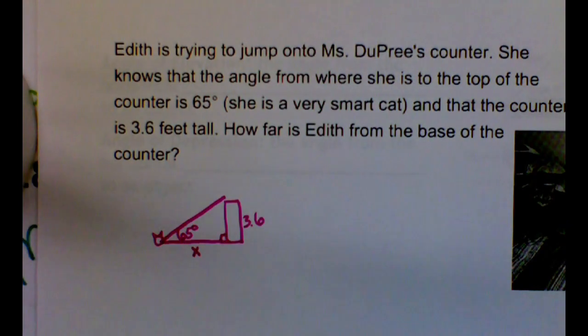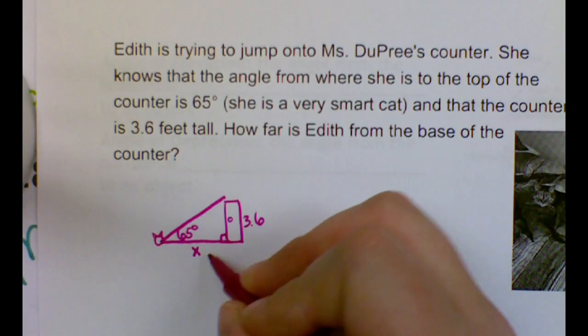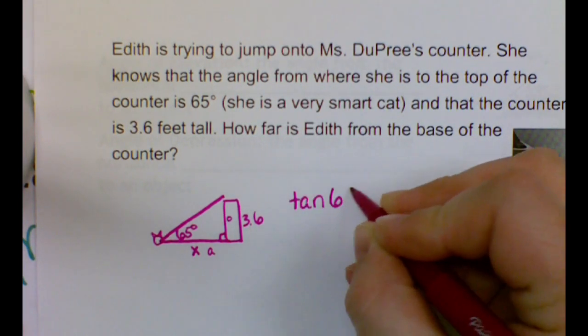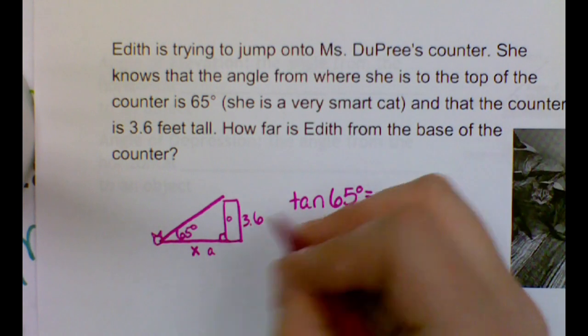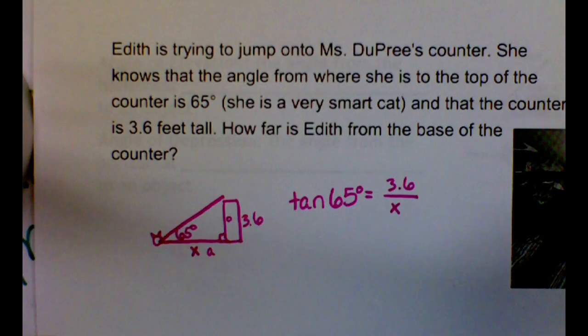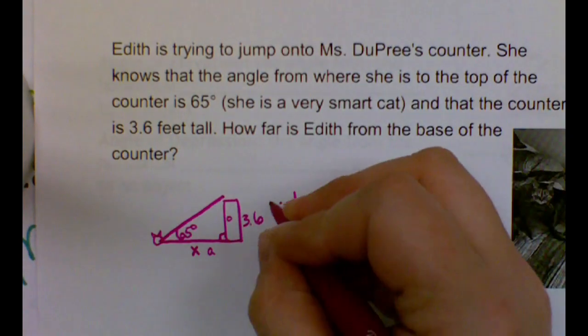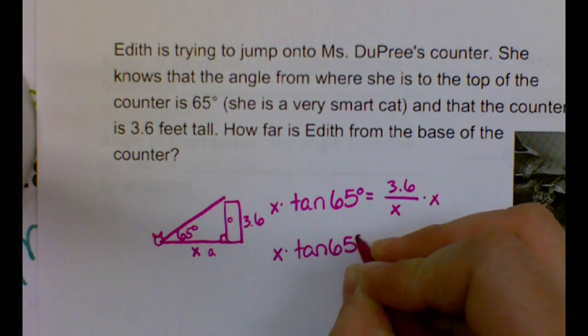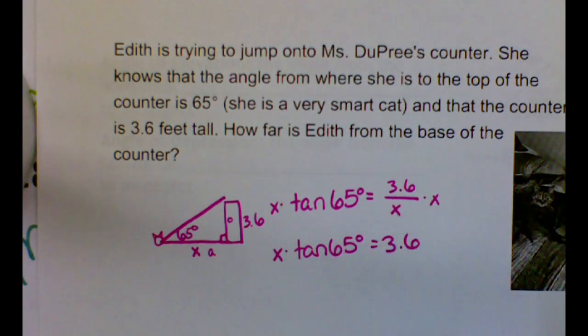All right, if I look at this, I notice that I have my opposite and adjacent, which means the tangent of my angle, 65 degrees, equals 3.6 divided by x. And now I solve. Multiply x to both sides. X times the tangent of 65 degrees equals 3.6.